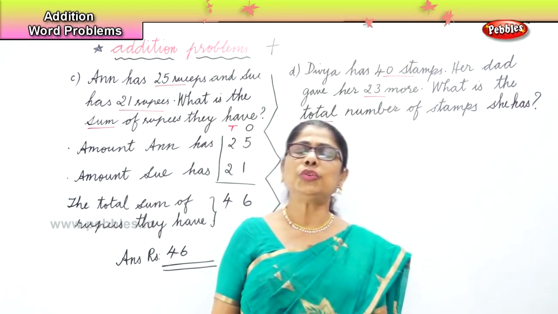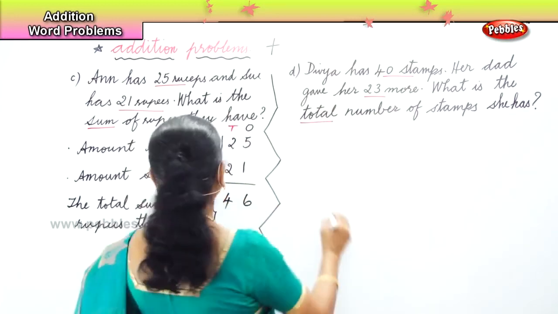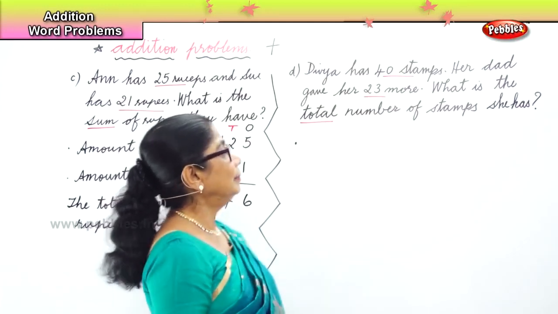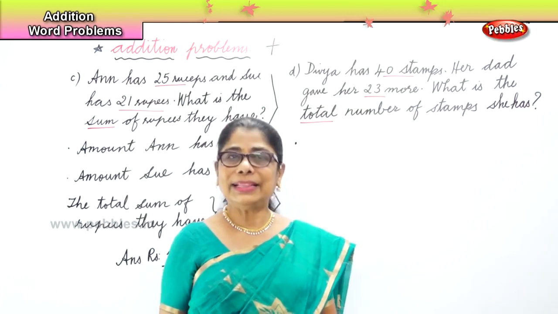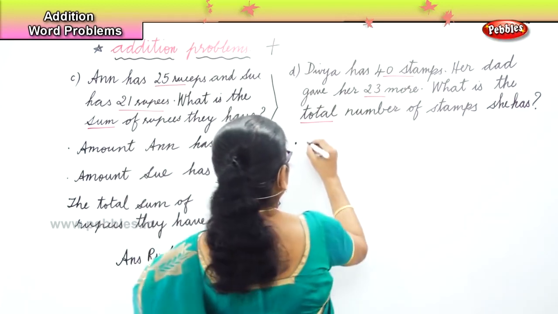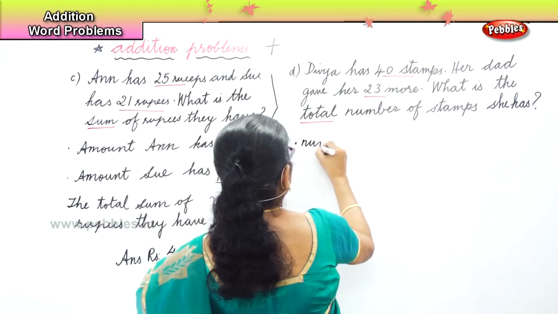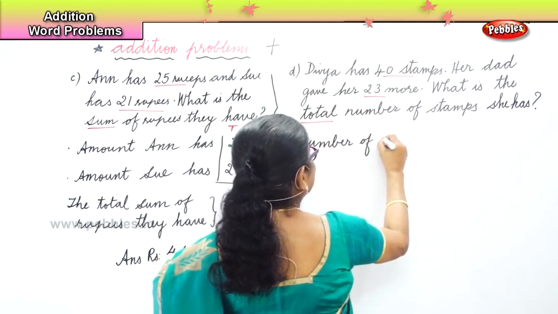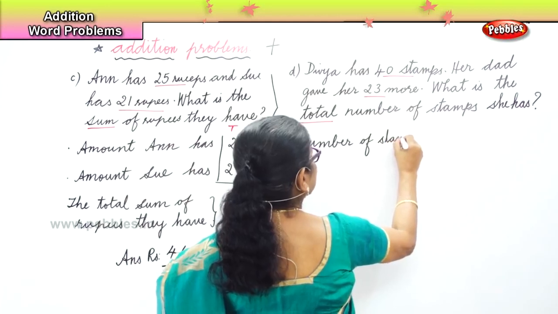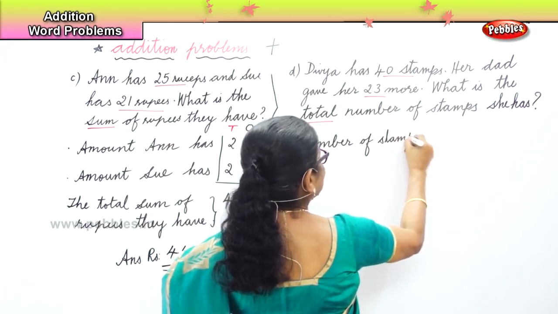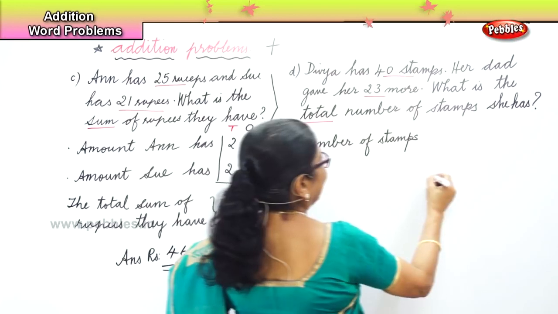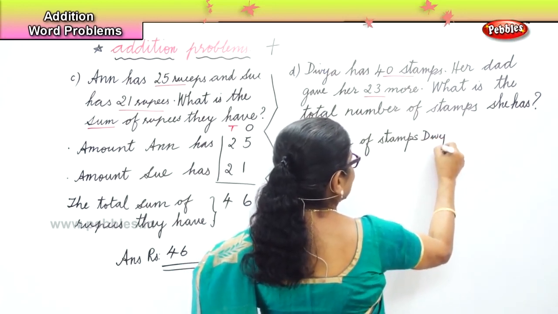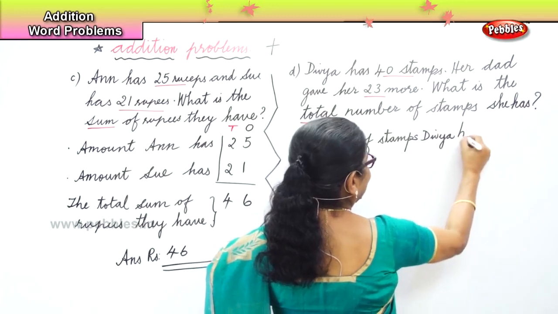Okay. Now what's going to be the first statement? What could be the first statement? Number of stamps Divya has. Yes. Good. Number of stamps Divya has.